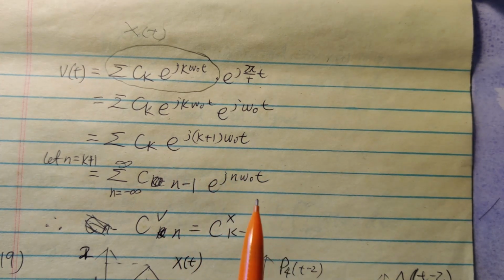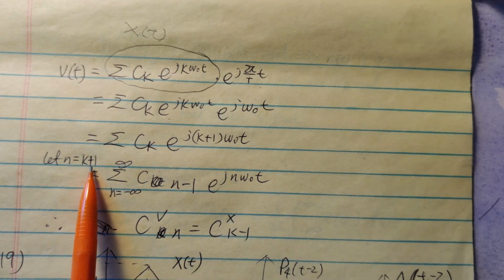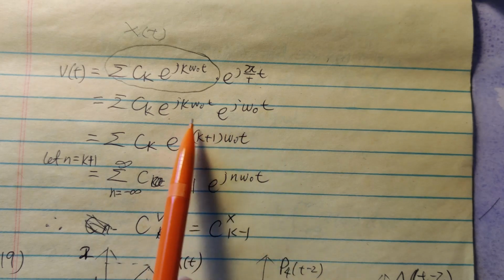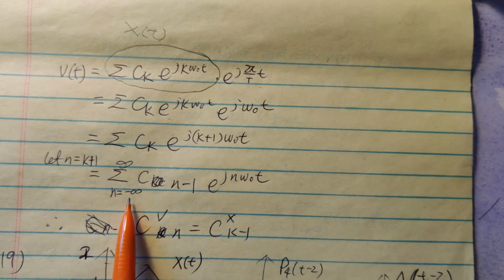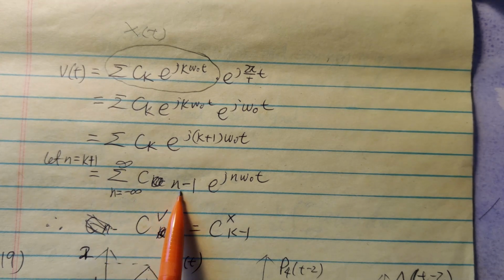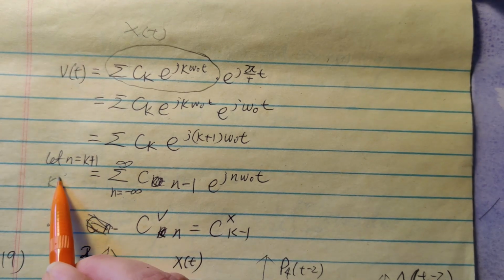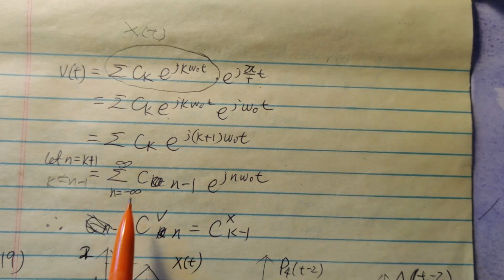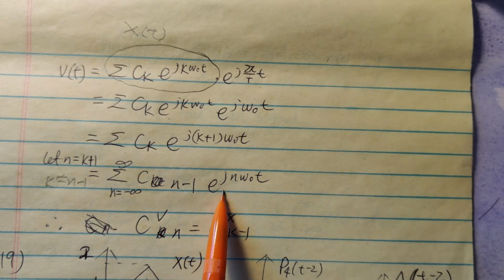Now the tricky thing is here. Now let n equal k plus 1. So we rewrite the previous step into the next step. So now we have n, right? And c_(n-1). So c_k changes into c_(n-1). Here we have e^(jnω0t).